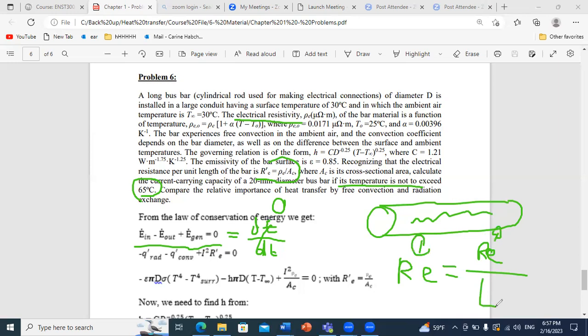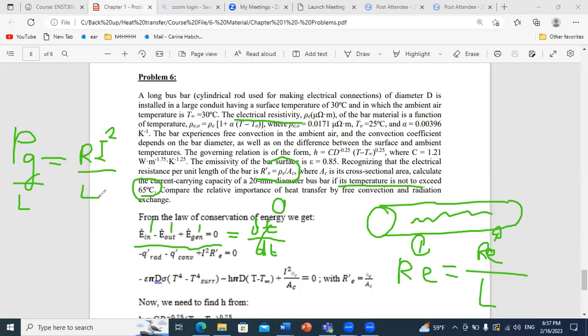Okay. So here we already know from electricity that the power of generation in an electrical circuit is resistance times current squared. And because we are doing the analysis per unit length, we need the generated power per unit length. So we divide by L. Okay.